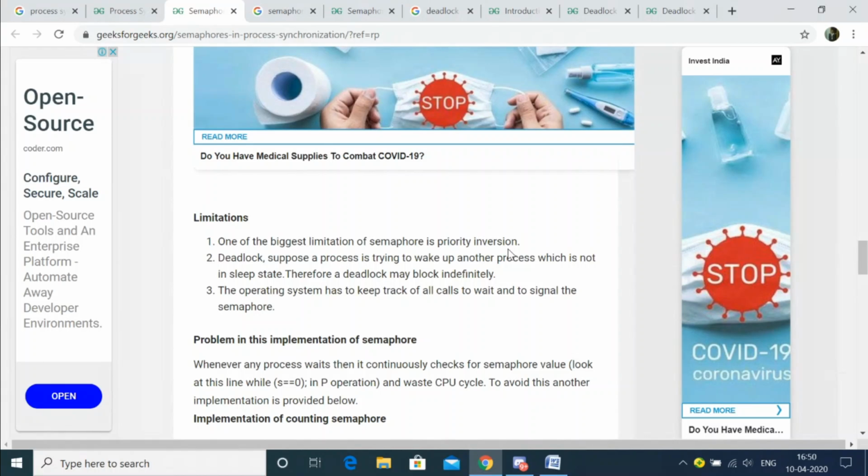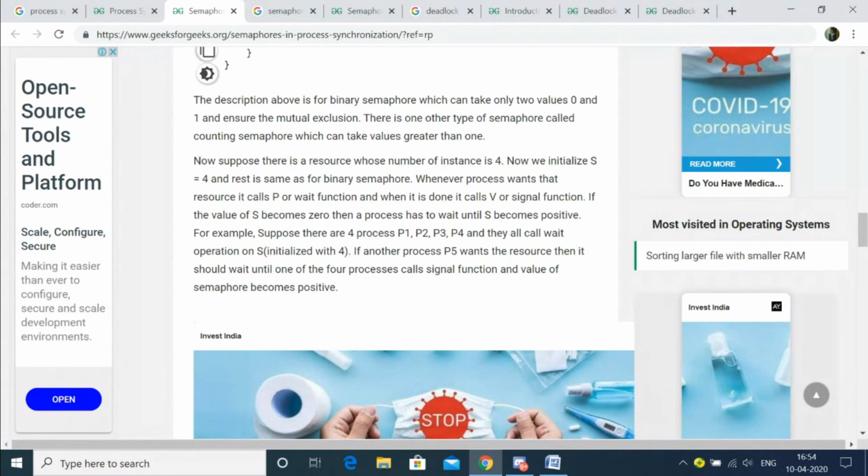Let's see an example. Suppose there are four processes, P1, P2, P3, and P4. What it is saying is that suppose we have four processes, and one has executed. So the initial value was 4. After one has executed, there will be a decrement, then process P2.